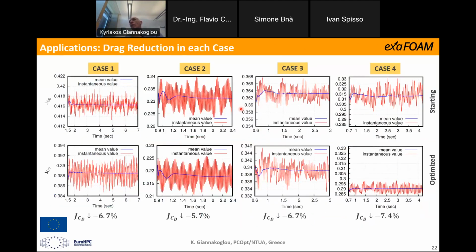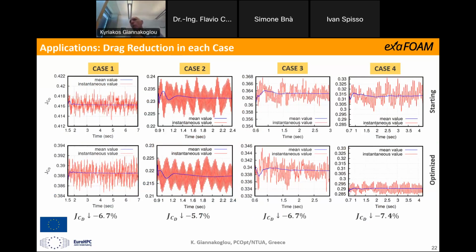Let us see a little bit if quantitatively we have really improved the objective function. And as you see here in this combined plot, I tried to present all these test cases together. Why? Because the message is not if we can improve or not a car in each particular application.